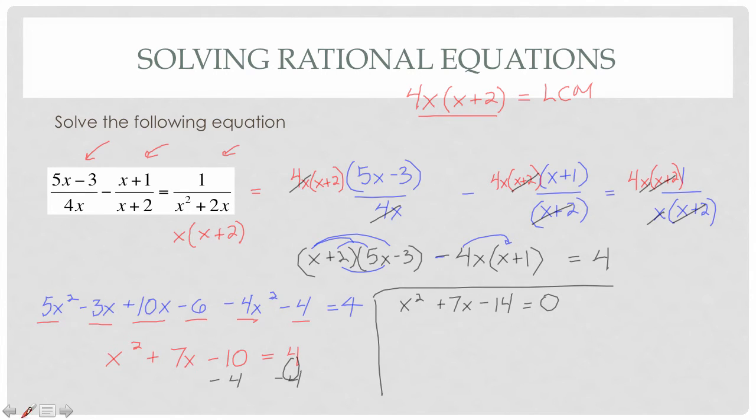So I got to use the quadratic formula again. Good thing we're so good at the quadratic formula, huh? So x equals negative b, so negative 7, plus or minus the square root of b squared, so that's 49. 7 squared is 49, minus 4 times a times c, 4 times 1 times negative 14, all divided by 2 times a, 2 times 1.